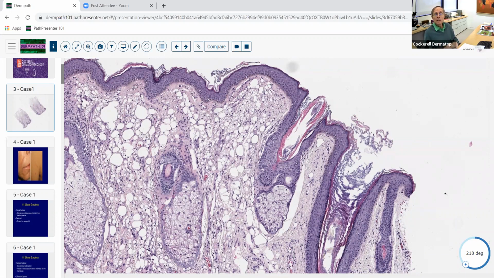So we see glycogen in the cells of the trichilemmal root sheath of a hair follicle, and the glycogen that's present inside the cells of an eccrine sweat gland. It also is present in certain neoplastic cells. So we get glycogenated cells there.